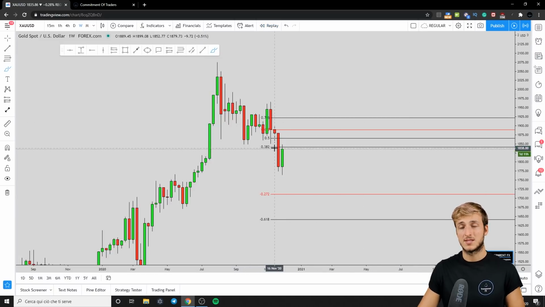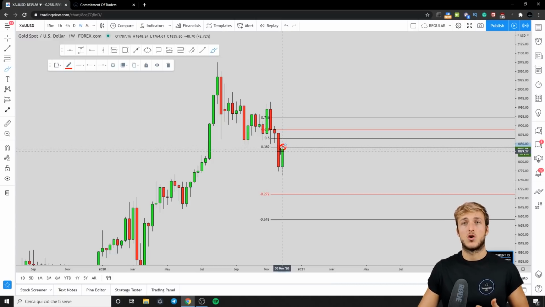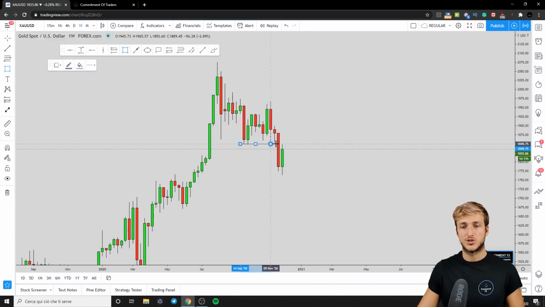So what does it mean? It means that the market is currently testing the 0.382 in combination with the 0.382 that we have on the monthly. So a confluence of the monthly and weekly 0.382 Fibonacci retracements. What we can also see is that the horizontal structure that the market has created at this area is quite strong.